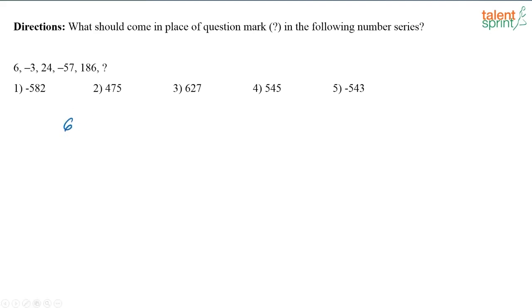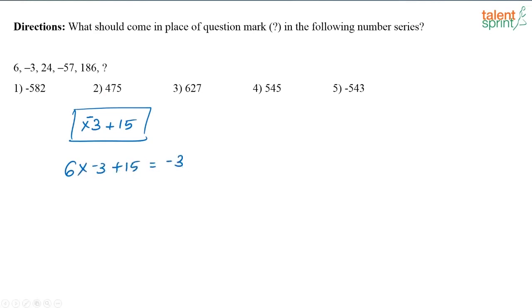See, what they have done is multiply the given number by minus 3 plus 15. Right? This has been done throughout. That's all. So 6 into minus 3 plus 15. So the answer will be minus 3. So again minus 3 into minus 3 plus 15.